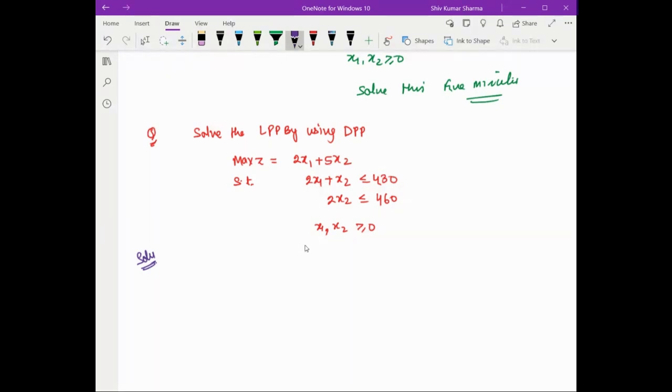When we solve this problem, first we check how many variables we use in the problem. So there are two variables. So we write the given problem.